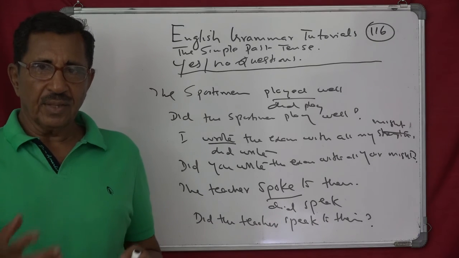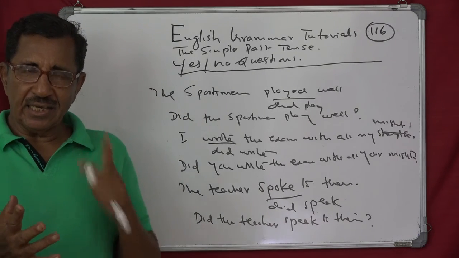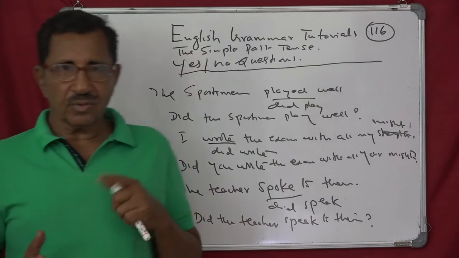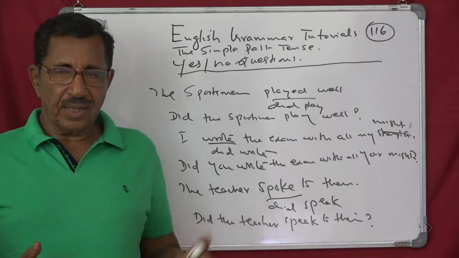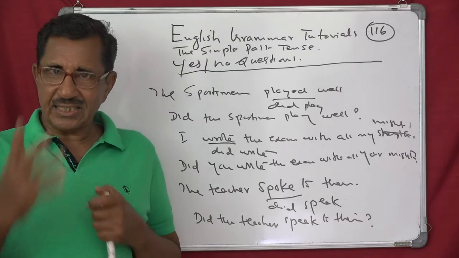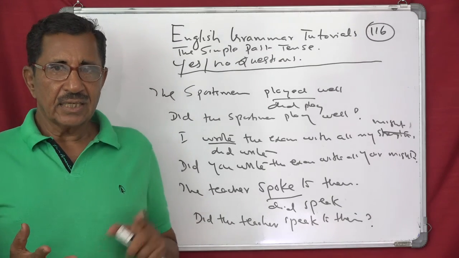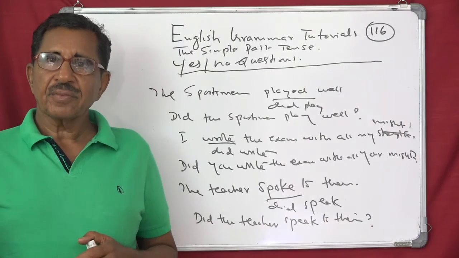So far we have these steps. First the form: ed for 90% of verbs, while 10% of verbs are irregular or strong verbs, so you have to learn them separately. They make the past tense by changing the vowel, like sing, sang, drink, drank. And then you have the ed, that is the normal way of making the past tense.